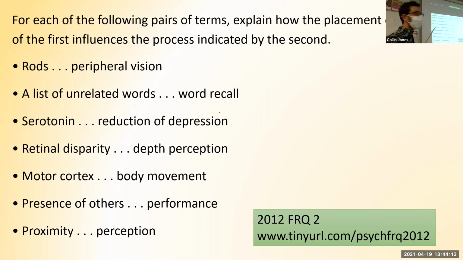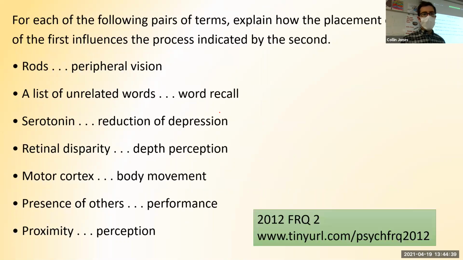How does the location of serotonin impact depression? How does the placement of your eyeballs affect depth perception? How does your motor cortex affect what your body does? How does the existence of other people around you impact your performance? And how does 2 things being close to each other impact the way you view those things? It's a really weird prompt.